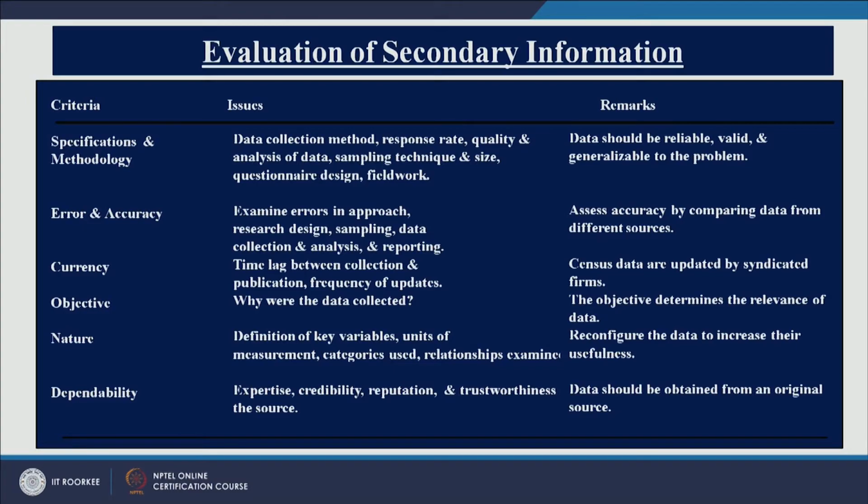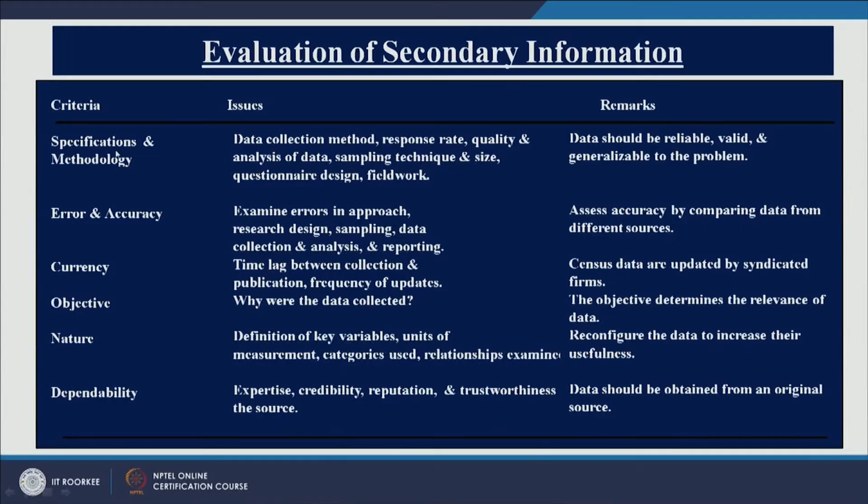What was the response rate, who were the respondents, how was the data analyzed at that time, what was the sampling technique, was it random sampling or some non-probabilistic sampling, like convenience sampling, right.